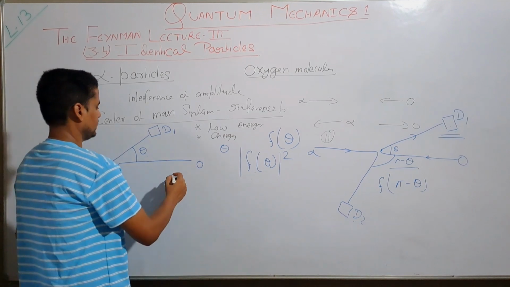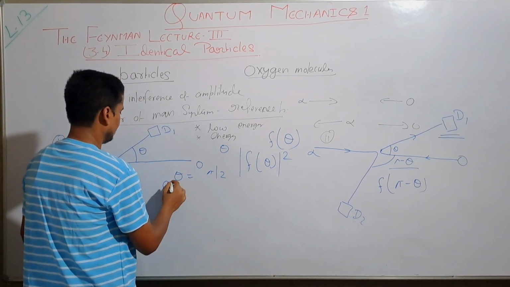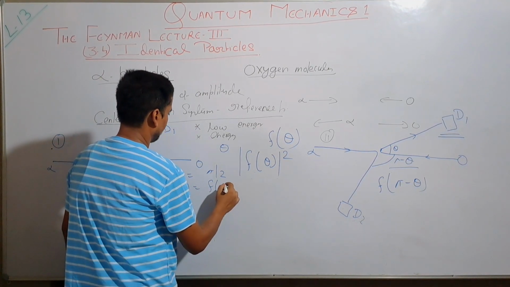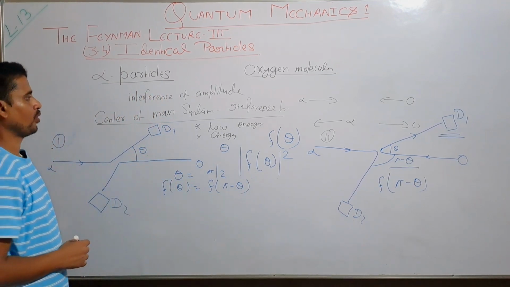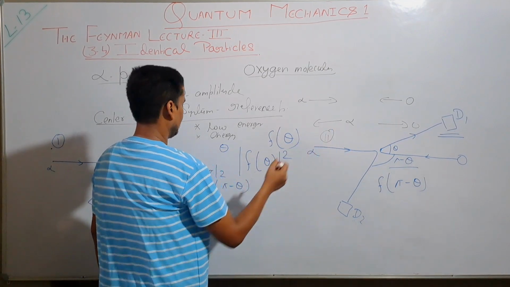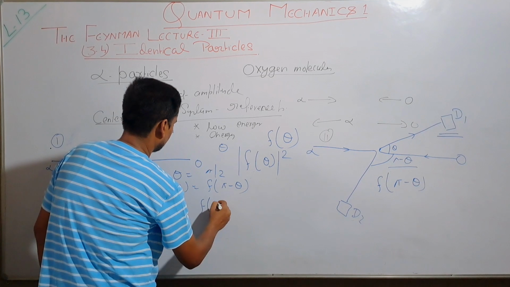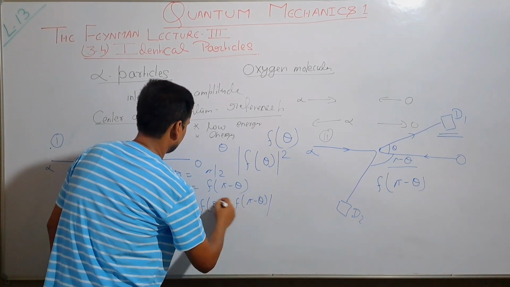Suppose theta is pi by 2, then f theta is simply f pi minus theta. In that case the probability of getting the alpha particle at D1 is f theta plus f pi minus theta whole square.